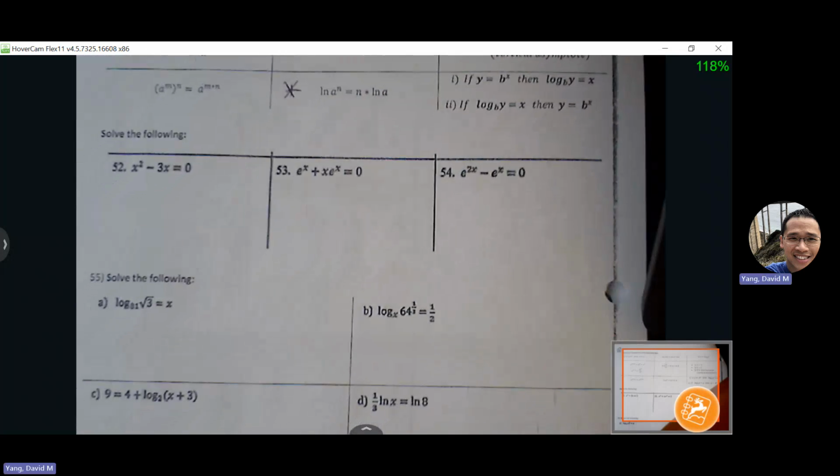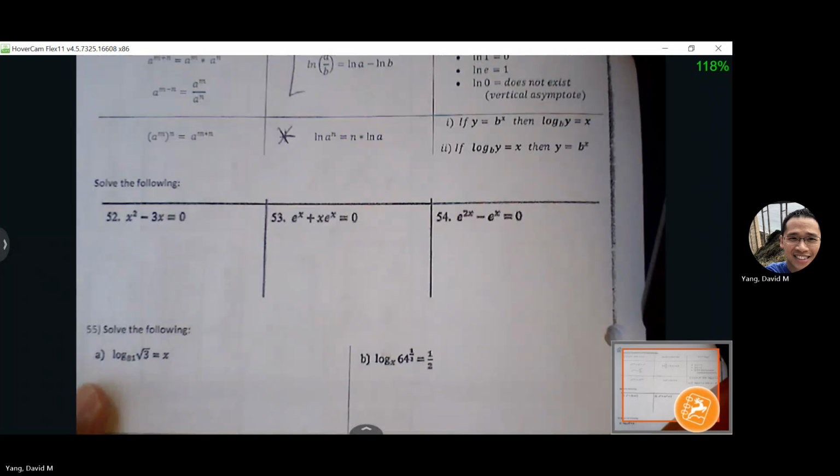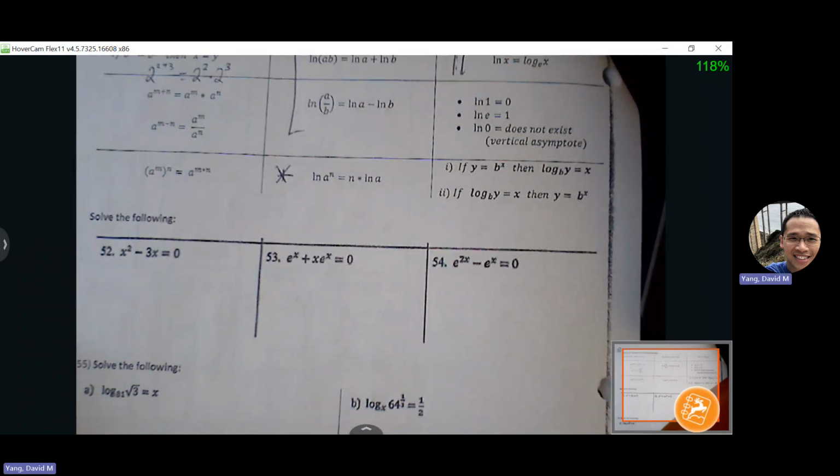Okay, so let's look at 52. 52 is just factoring and solving. There's no exponentials here.